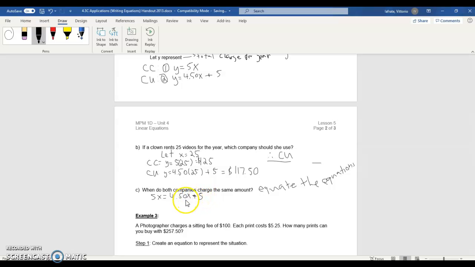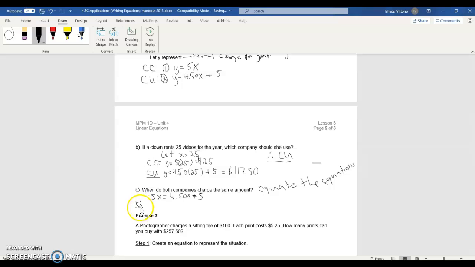So we need to find the value of x that makes this true. And that value of x will be when it costs you the same at CC that it would at CU. And so we're simply going to solve the way we would normally solve for a variable. So get all variables on one side.